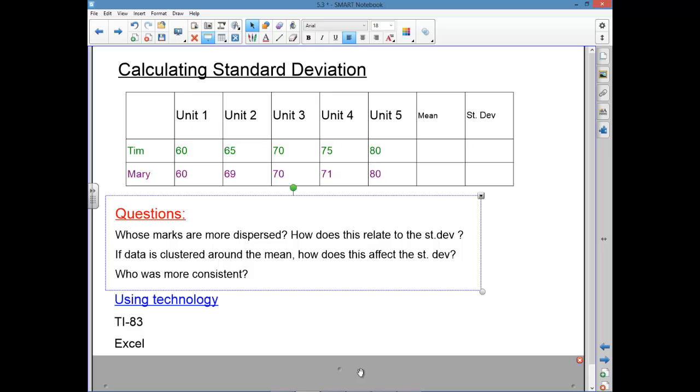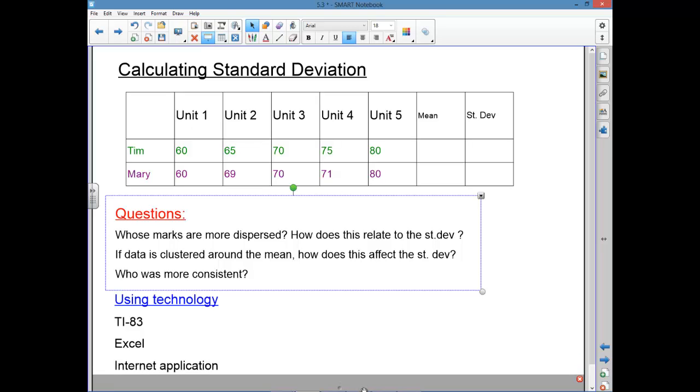Google Docs also contains a spreadsheet, which I'll show you in class as well, and they pretty well all work the same. And if you want, you can use an internet application. There are also apps you can use for mobile phones, but again, here I'm going to restrict it down to these three.